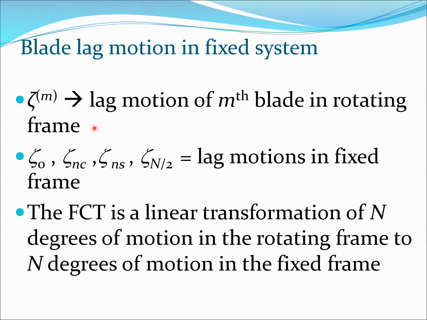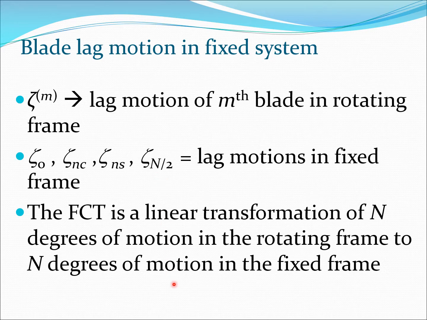These are going to be the 4 degrees of freedom for the lag motion of the rotor blade in the rotating frame. Now, if we are going to convert this to the fixed frame, the degrees of freedom are going to be zeta 0, zeta nc, zeta ns, and zeta n by 2 for a 4-bladed rotor.